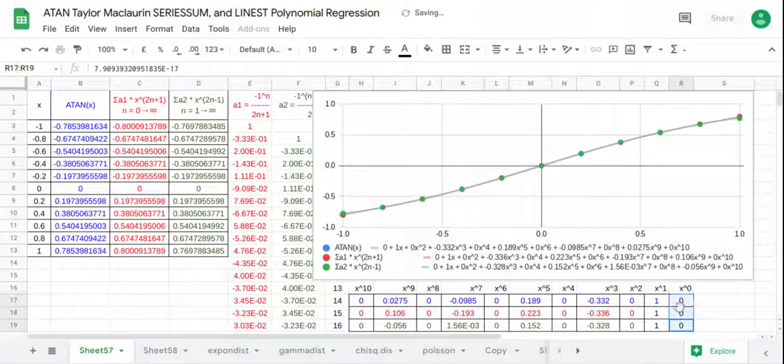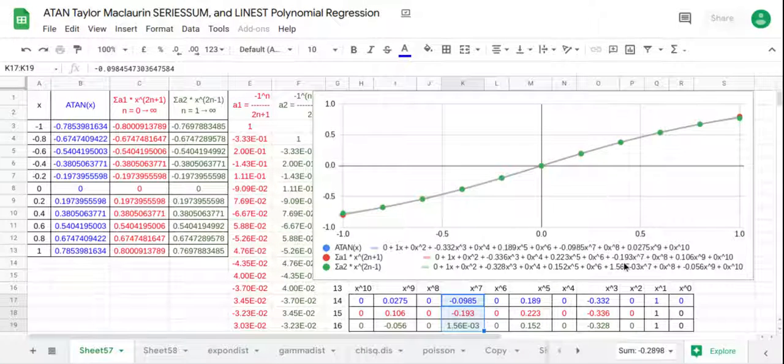So x to the 0 coefficient 0, coefficient of x 1, coefficient of x squared 0 is 0, coefficient of x cubed minus 0.332, minus 0.336, minus 0.328, coefficient of x to the fourth 0, coefficient of x to the fifth 0.189, 0.223, 0.152, coefficient of x to the sixth 0, 0, coefficient of x to the seventh minus 0.0985.